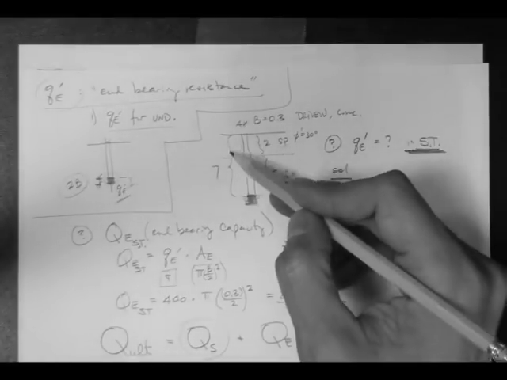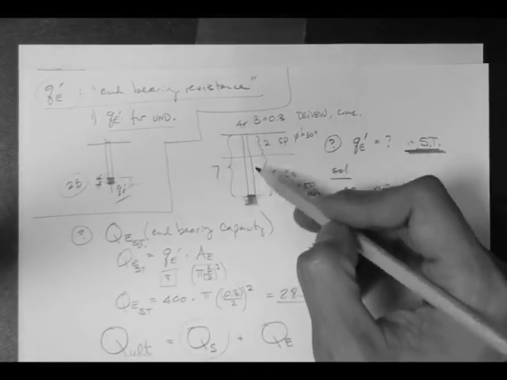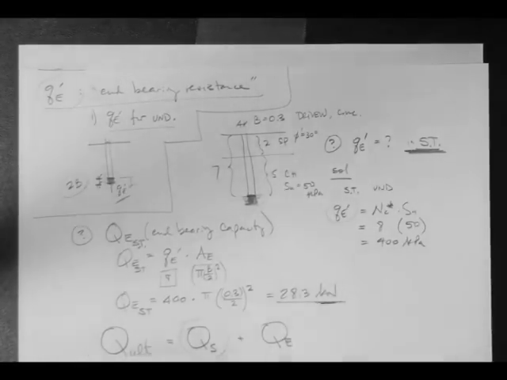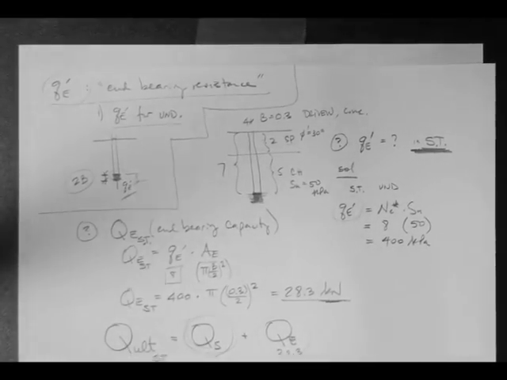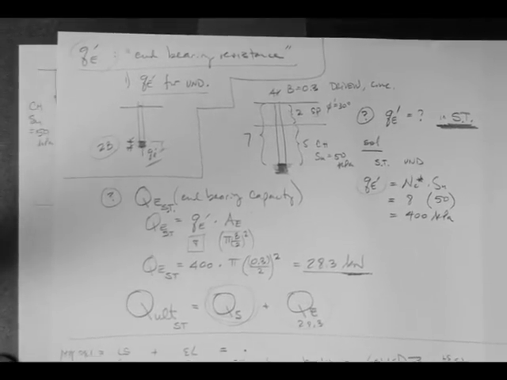But now considering the different layer thicknesses, etc., segment lengths. Okay, and then you would add to that capacity the end bearing capacity, which is 28.3. This is the capacity of the pile in the short term. Simply the summation of the side friction capacity and the end bearing capacity.